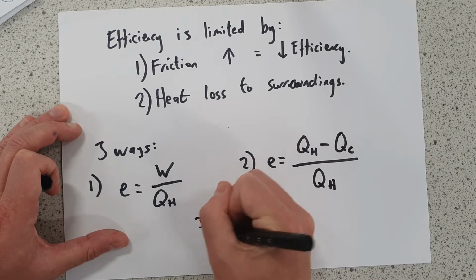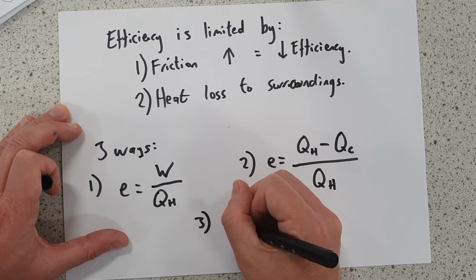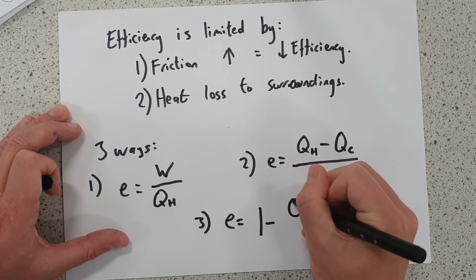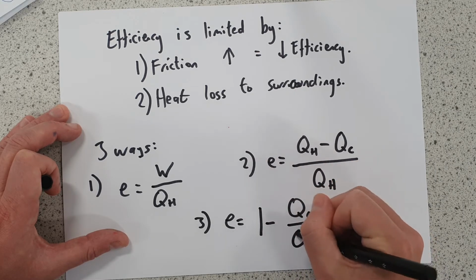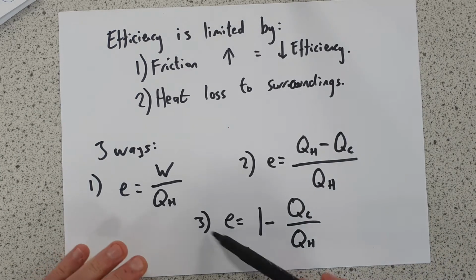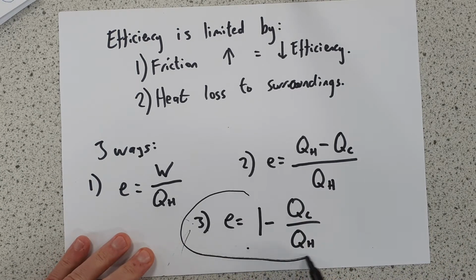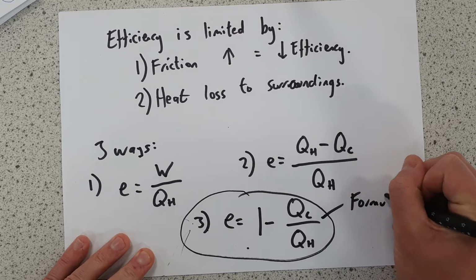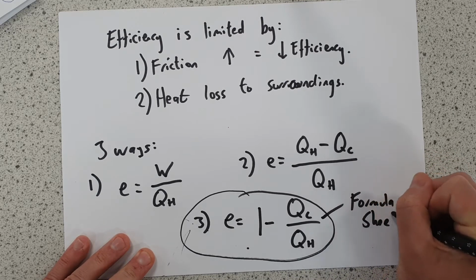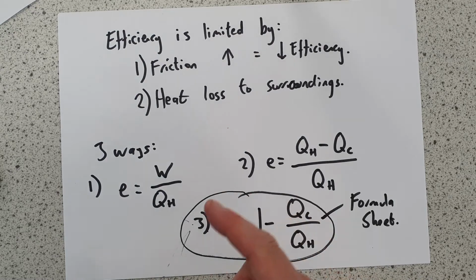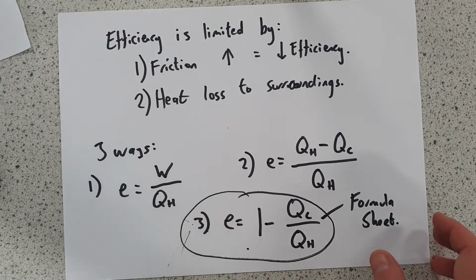Or three, we can work out efficiency if we do 1 minus the cold heat divided by the hot heat. Okay, now this one here is the one that you get on your formula sheet. So that's the one that you need to be able to use, but what we need to be comfortable with is that we can use any of these to get the answer to what we're trying to get to.